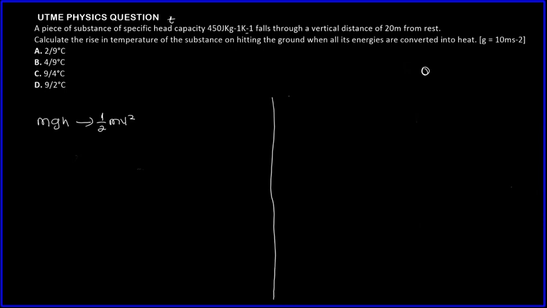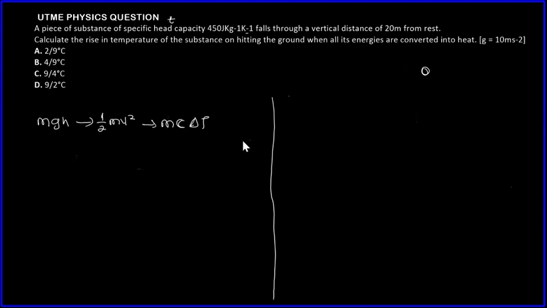The potential energy got converted to kinetic energy, and then it now said we should calculate the rise in temperature of the substance on hitting the ground when all the energies have been converted to heat energy. So it got converted to heat energy, and the formula for heat energy is mc times the rise in temperature.